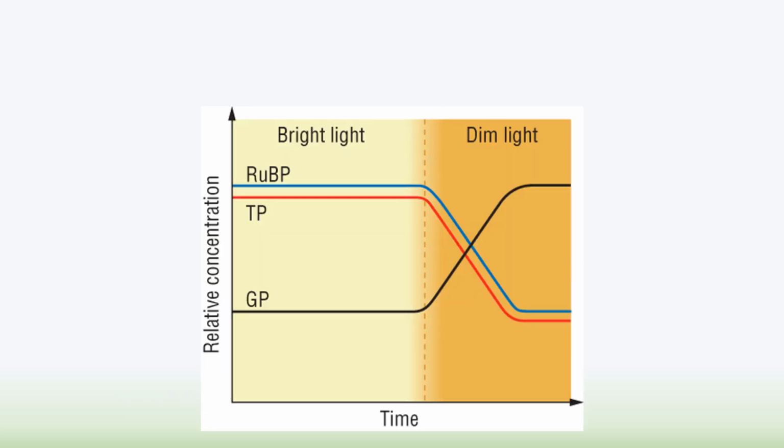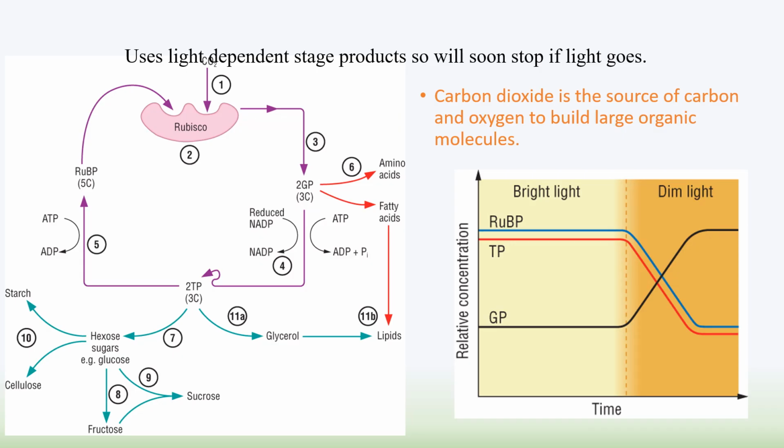For this graph, you need to be able to explain how the levels of TP, RuBP, and GP change in the light and when they go into dark. So this goes back to what I was saying. The level of GP is relatively low during light, because the GP is converted using the products of the light-dependent stage into TP, which also explains why the TP levels and then the ribulose bisphosphate levels are high.